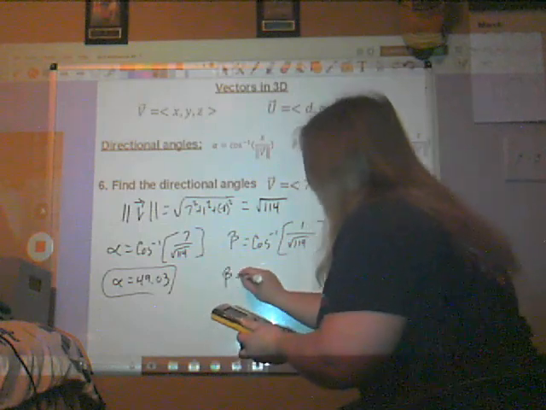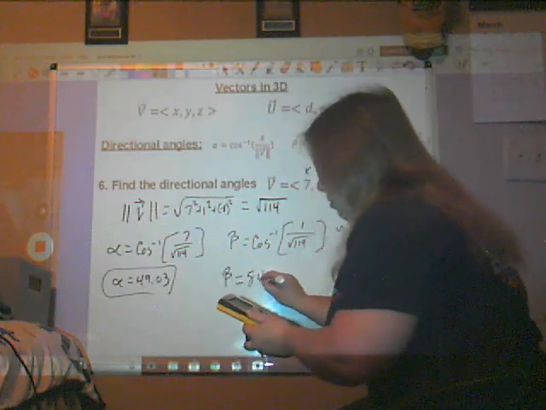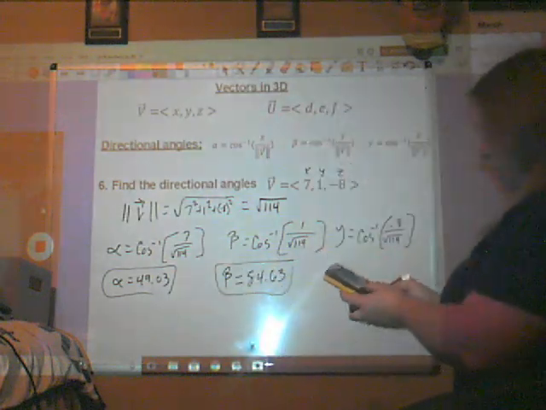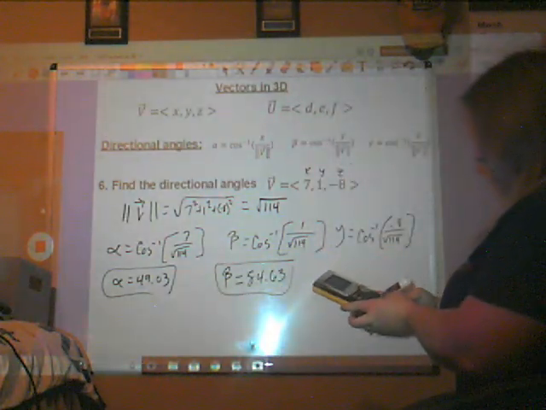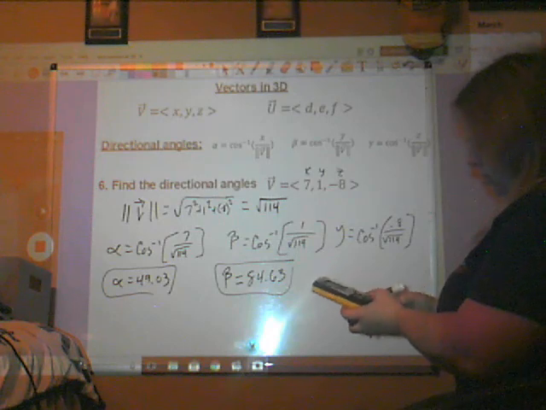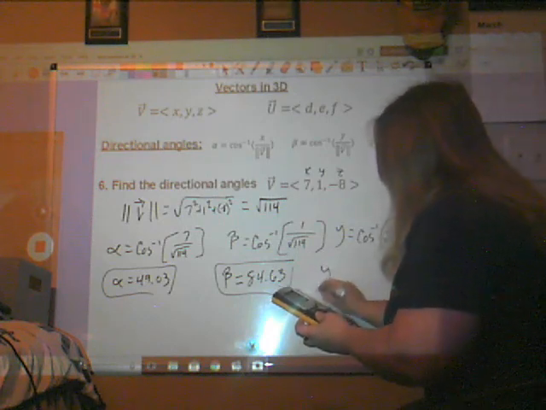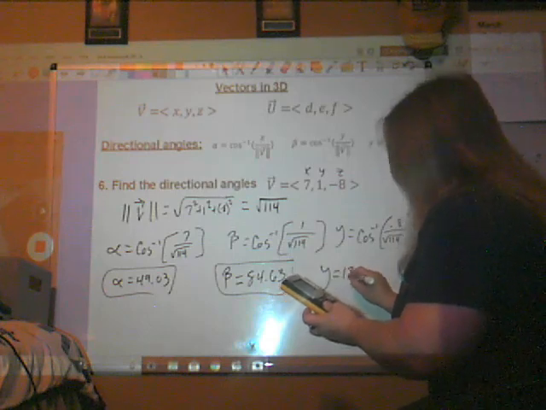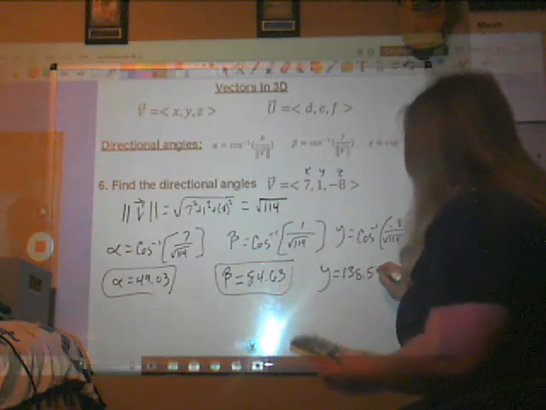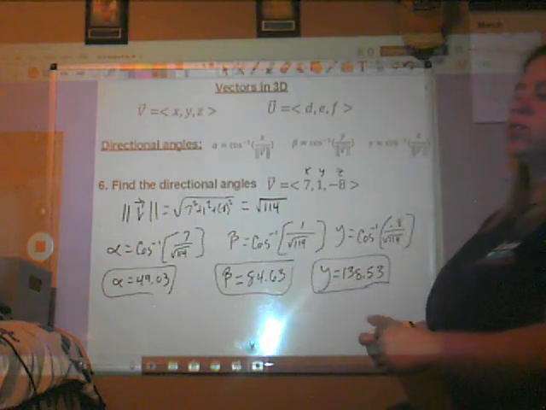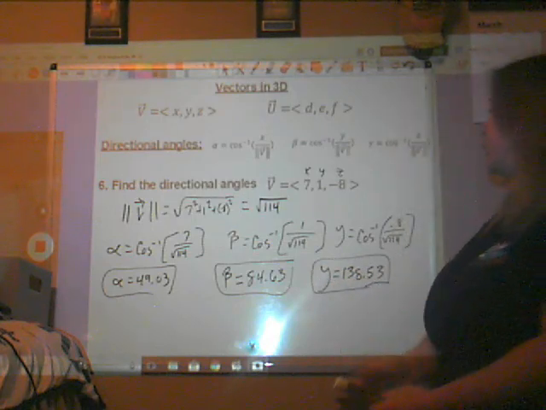So beta is 84.63. And then gamma, we're going to do second cosine of -8 over the square root of 114. And we get gamma is 138.53. And those are your directional angles, your alpha, beta, and gamma.